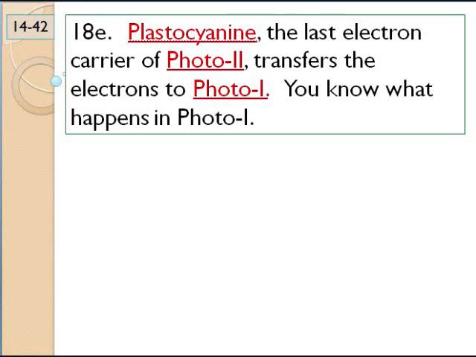If you look, see plastocyanin? That's the last carrier in this complicated chain. And when the electrons leave him, they go and fill the gas tank up of photosystem 1. When those electrons are used up by those 4 carriers, when they get done, they're going where they need it the most, to photosystem 1, so they can do it again.